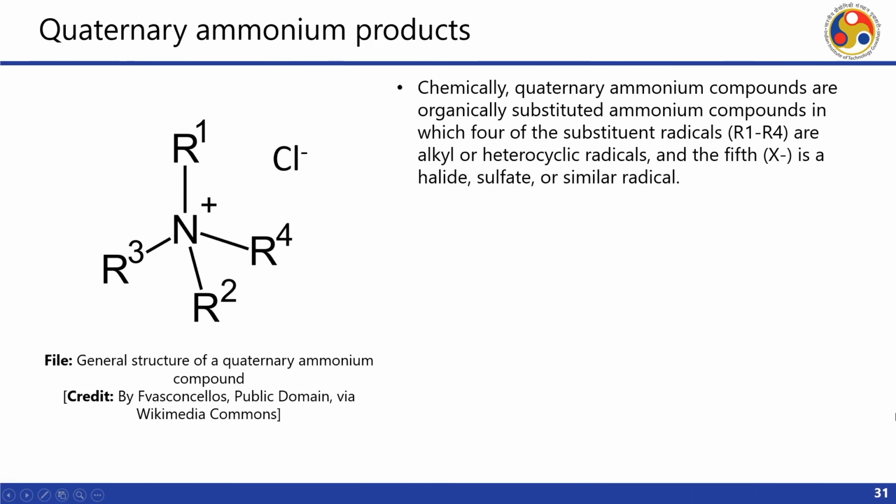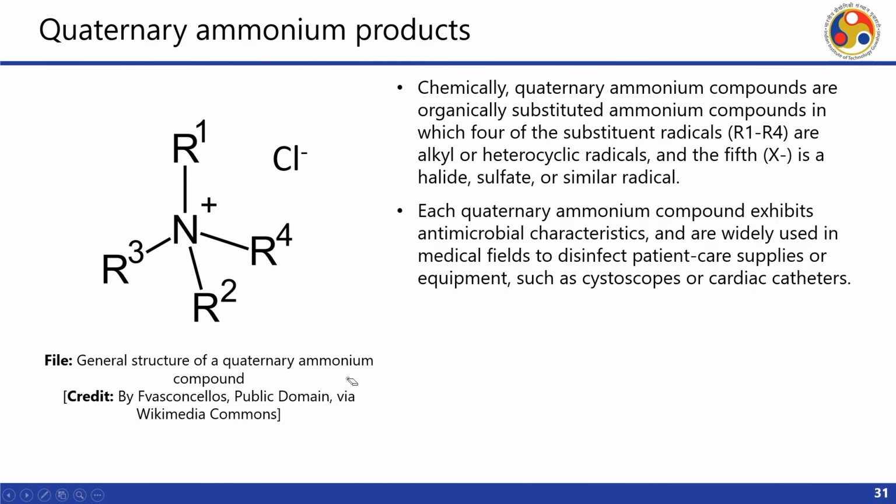So, chemically these quaternary ammonium compounds are organically substituted ammonium compounds in which 4 of the substituent radicals, R1 to R4, as you can see in this image, are alkyl or heterocyclic radicals, and there is a fifth, X, which is a halide, sulfate or similar radical.